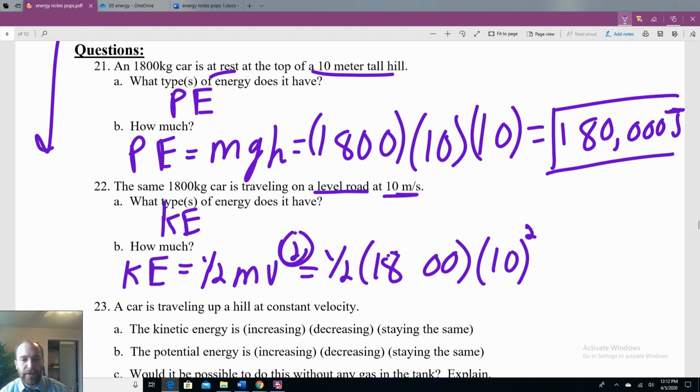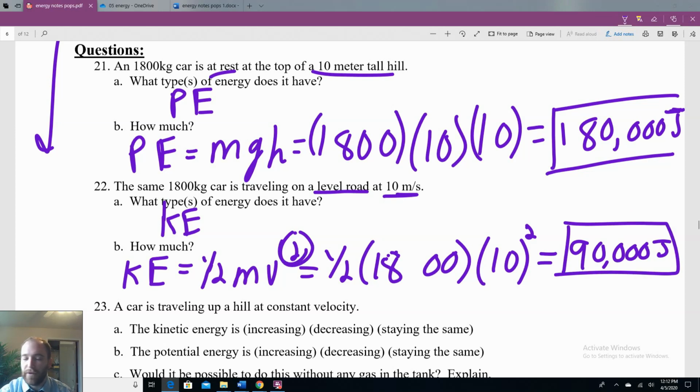Because that has to be there. Okay, throwing this in a calculator, I got 90,000 joules. There we go. So an important recognition there, that if it's moving with speed, that's kinetic energy rather than potential. But once you get that, it's just using the other equation.